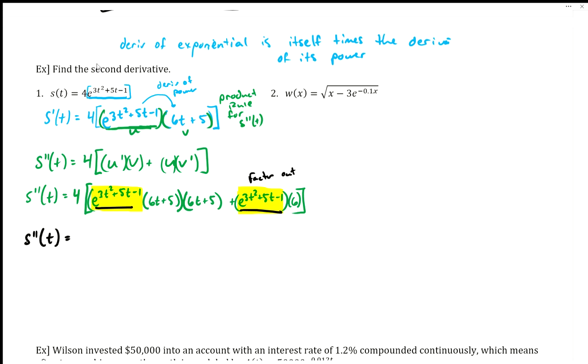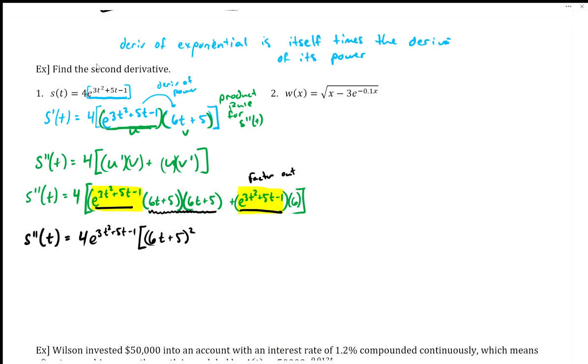Now let's just simplify. So the 4 again is just hanging out, but we're factoring the e to the 3t squared plus 5t minus 1 out with it, and then bracket. Notice right here is the same thing times itself. So we would probably rewrite that as 6t plus 5 squared, or we would FOIL it.